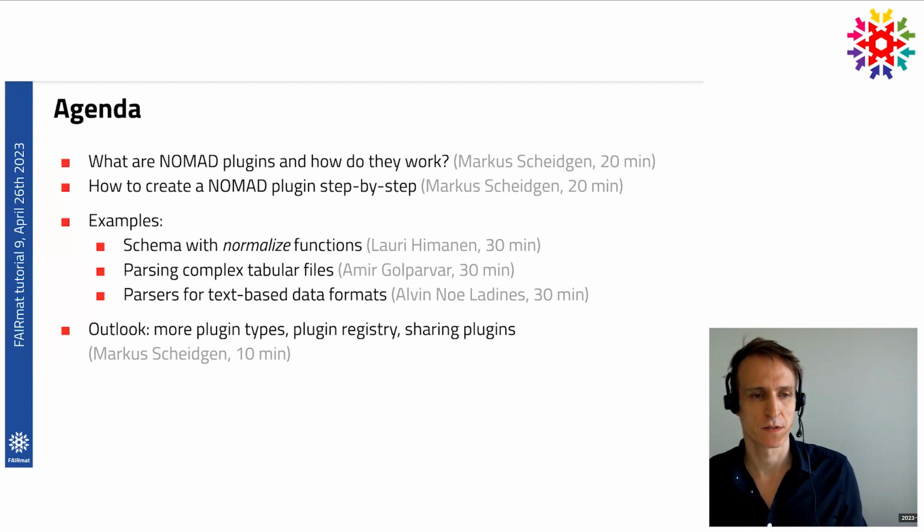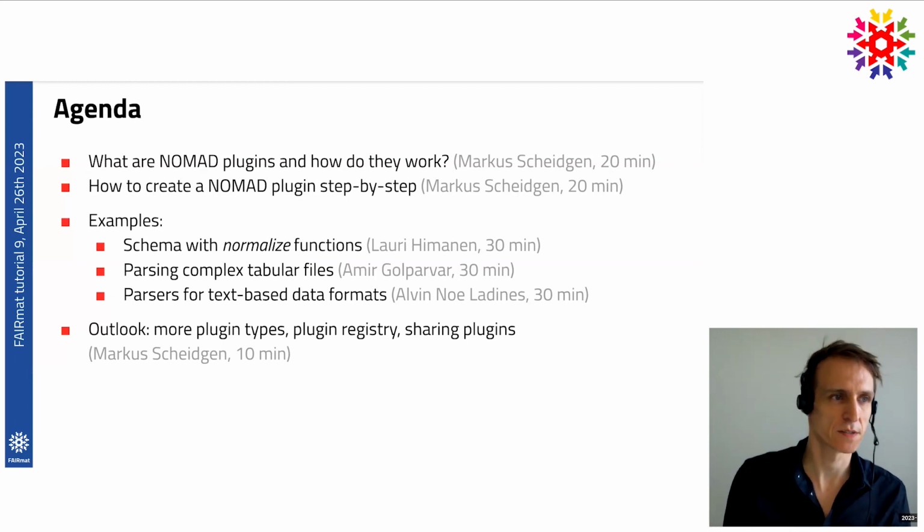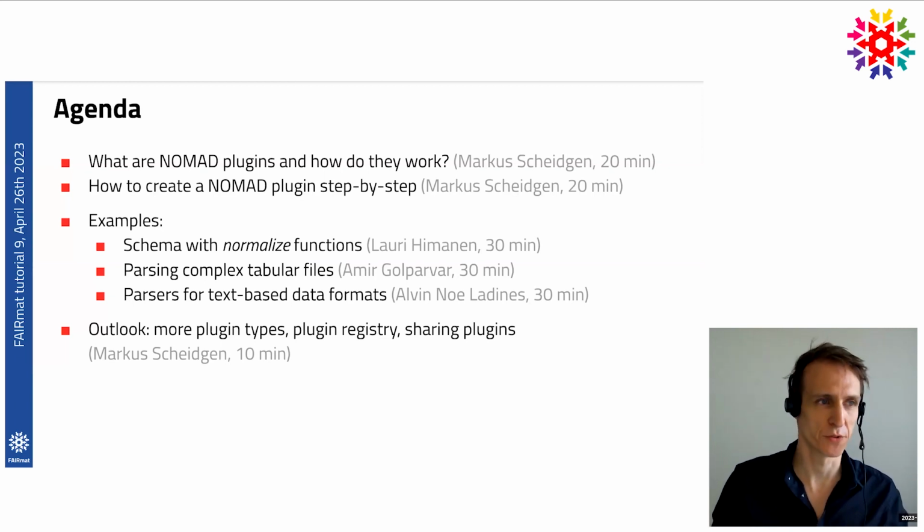And then we have a series of examples that are a little bit more realistic, that could be grounded in some real use cases. Lauri will tell you how to create a Python schema with normalized functions using our plugin mechanism. Amir will talk about doing some parsing of tabular files. And Alvin will give an example for when you have a text-based file format, how can you build a parser for this?